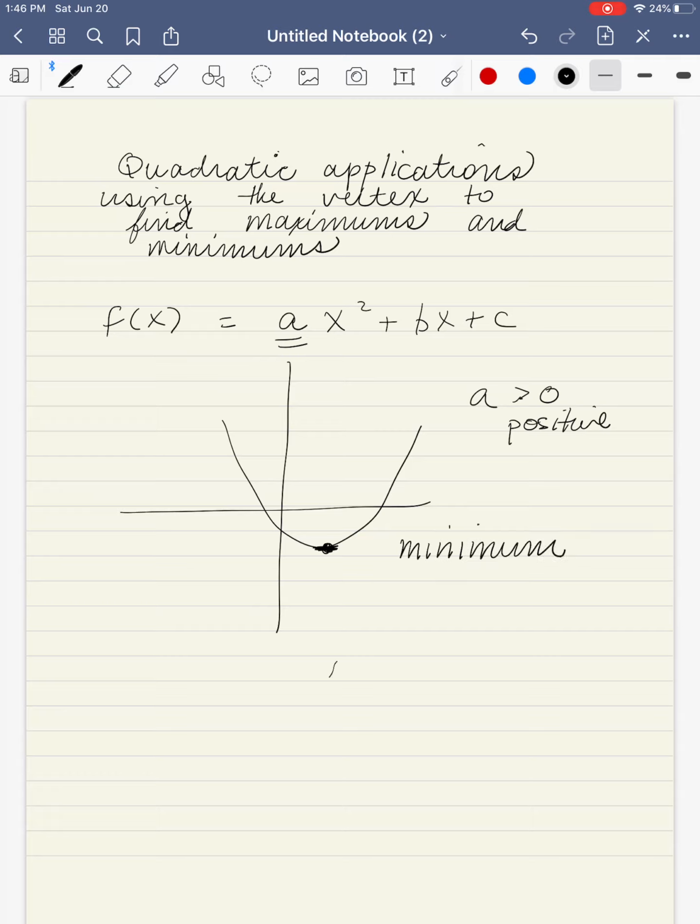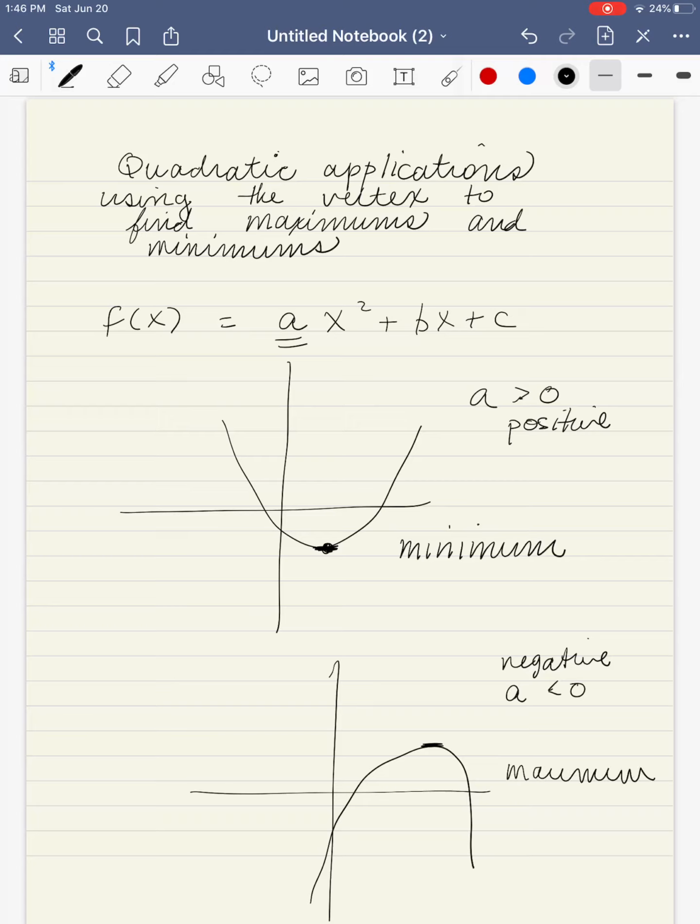And we're going to have a minimum value right here at our vertex. If we have a parabola where a is less than 0, a negative number, we know that our parabola opens downwards, and we're going to have a maximum at our vertex. But in both cases, it is the vertex.